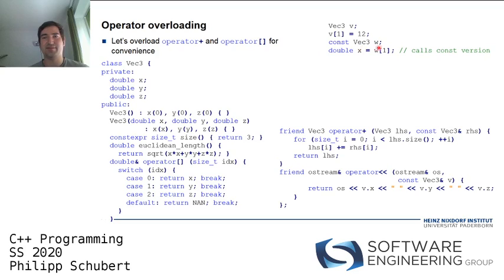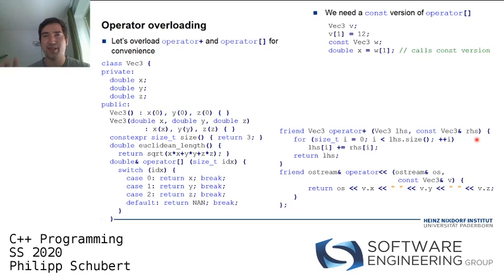The vector variable w is const, and the problem is that the squared brackets operator here returns a non-const double reference, which means if you would be able to use that operator here, you would be able to change the contents of w. However, this is not allowed because you declared it to be a const variable. So at this point, the compiler will complain, and the compiler will say, oh, I have no const version of that squared brackets operator.